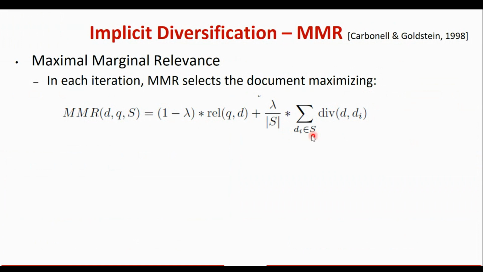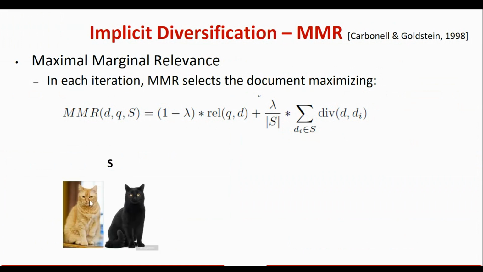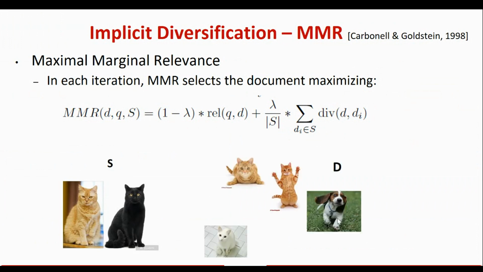the final ranking S. Assume that we have already selected these two cats to our final ranking. Then the remaining four cats will be scored using this formula. And in this case, this cat is relevant to the query cat, but obviously similar to that one. So it will have a low diversity score.